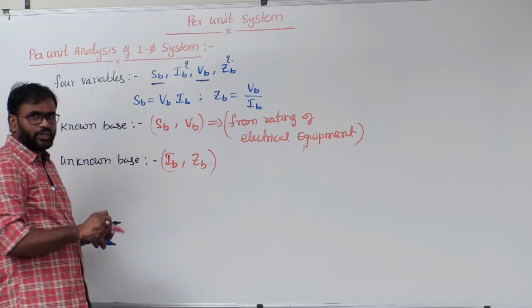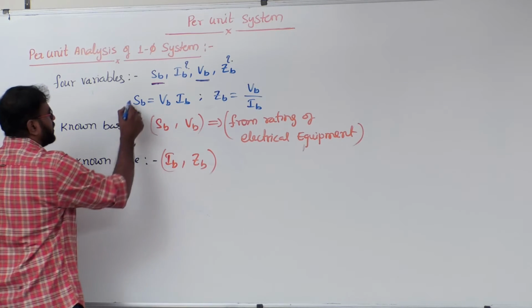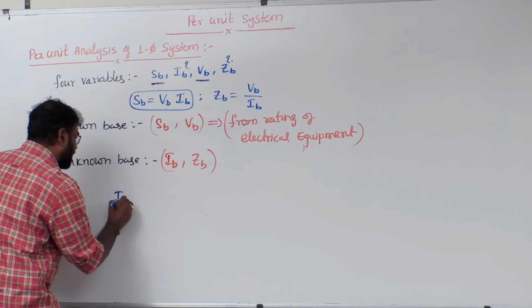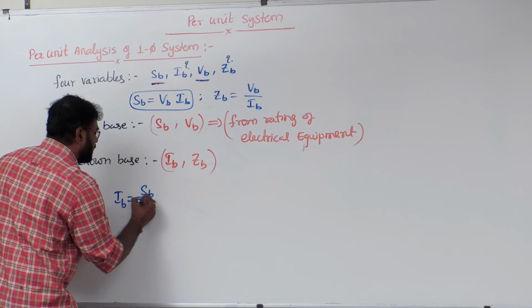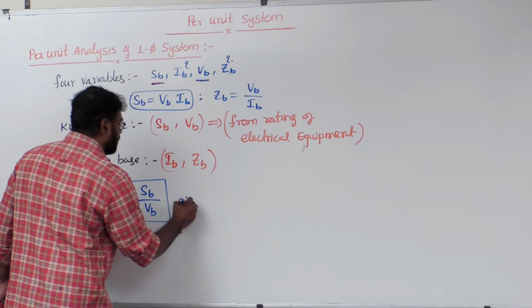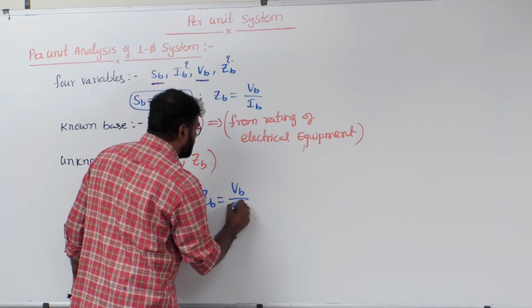Don't worry, we can calculate them. Tell me how to calculate I base and Z base. Very simple. Using this relation, S base equals V base into I base. So I base equals S base by V base. Then, what is Z base? Z base is V base by I base.